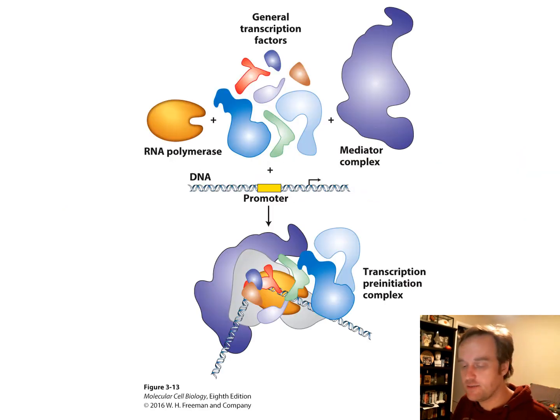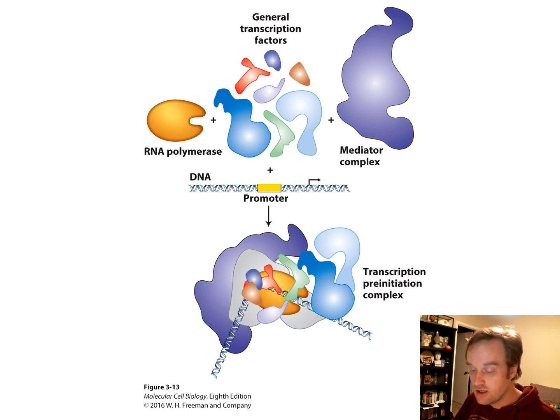So here we have an example of one of these molecular machines that are comprised of a lot of different subunits, so this kind of quaternary structure. This is the transcription initiation complex, and this contains tens to hundreds of polypeptide chains and sometimes other biopolymers such as nucleic acids.